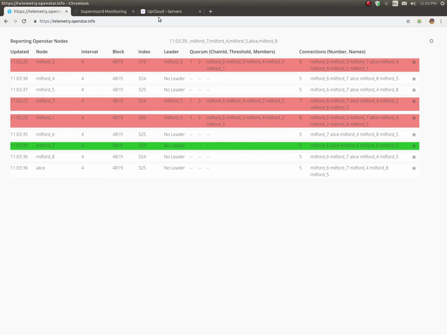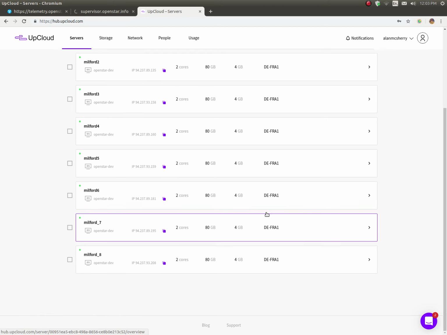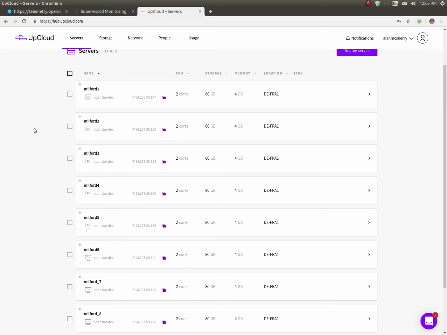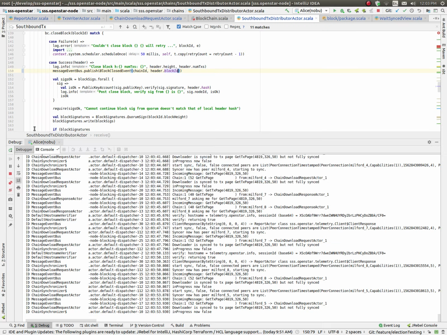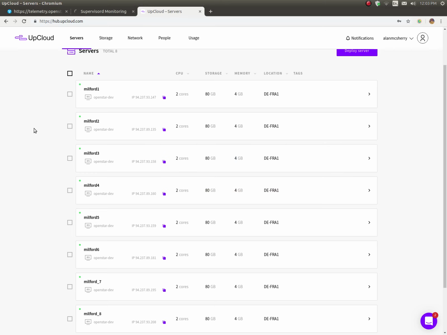While that's happening, I'll just show that these nodes are all running in UpCloud on a 2-core 4 gig memory, and they're all in the same region, with the exception of Alice, who is right here on this machine.